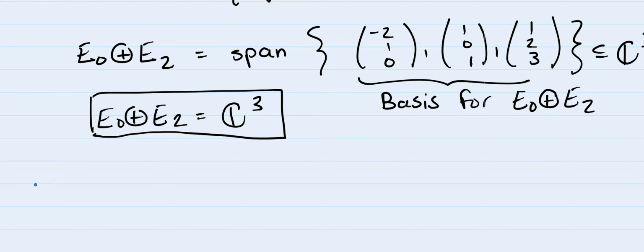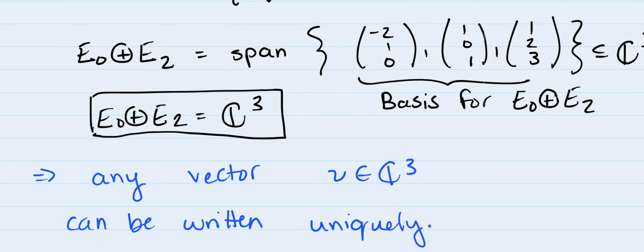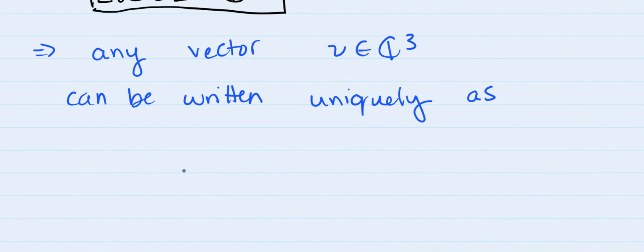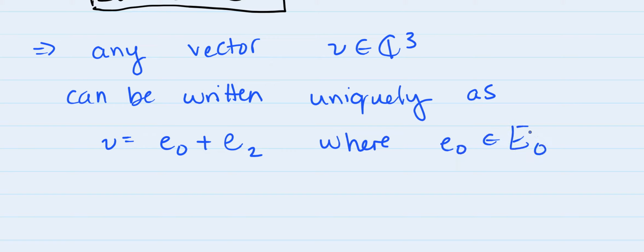So any vector V in C3 can be written uniquely as V is equal to E0 plus E2, where E0 is just some vector in E0, and E2 is just some vector in E2.